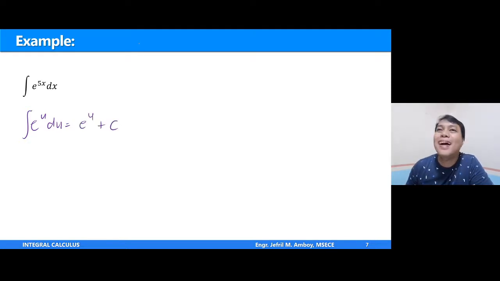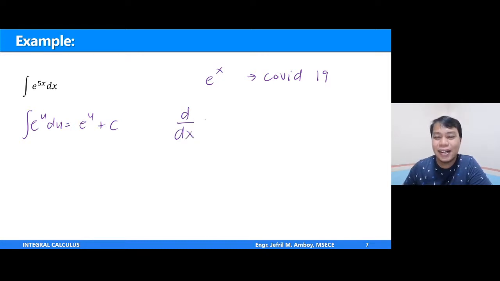Bakit? Para bagang sa panahon ngayon, ang COVID ay e to the x. Yan ang COVID. Okay? COVID-19. Now, anong ginagawa ng gobyerno? Ang gobyerno ay d over dx. No? This is our government. Bakit?